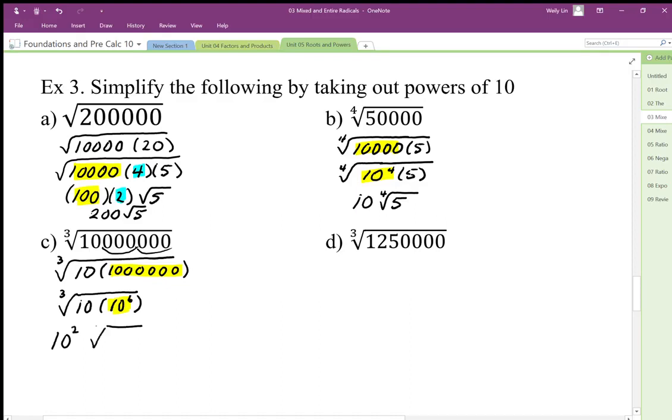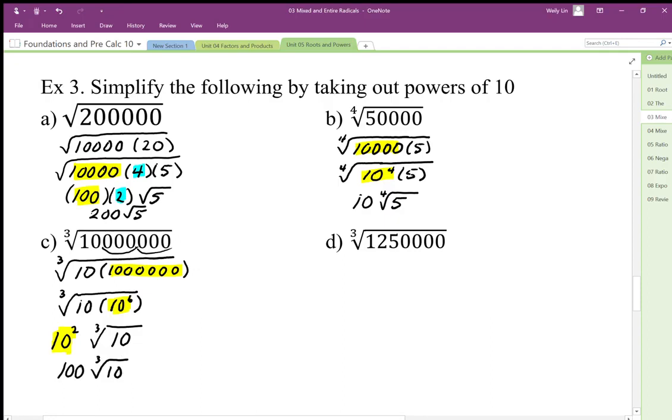On the inside, I'm just left with that extra 10. Okay, so there's my 10 to the power 6 cube rooted on the outside. It's equal to 100. And so I'll rewrite that as 100 cube root 10.